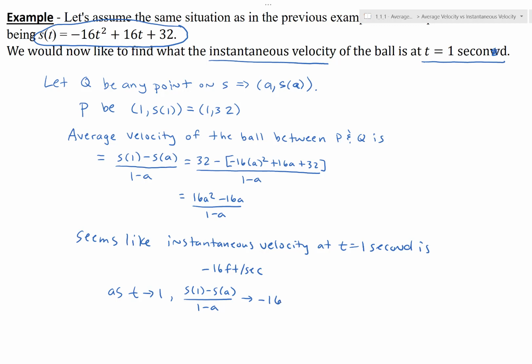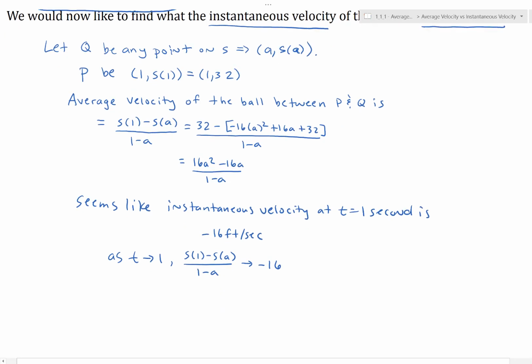Let your input value get really, really close to a location, and then some other stuff is getting close to some other stuff. In this case, the other stuff we're interested in is the slope of those secant lines, which represents the average velocities. And as we make the time interval tinier and tinier, as the t's get closer to the 1, these average slopes approach what's called the instantaneous velocity, which is, in this case, approaching negative 16 feet per second.